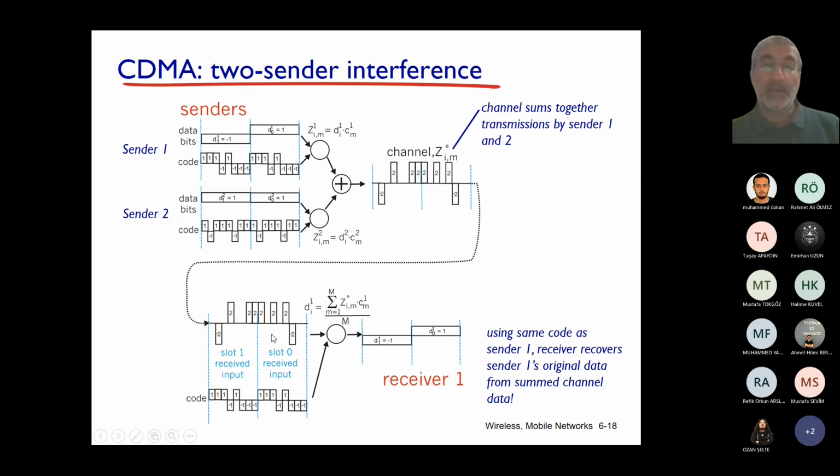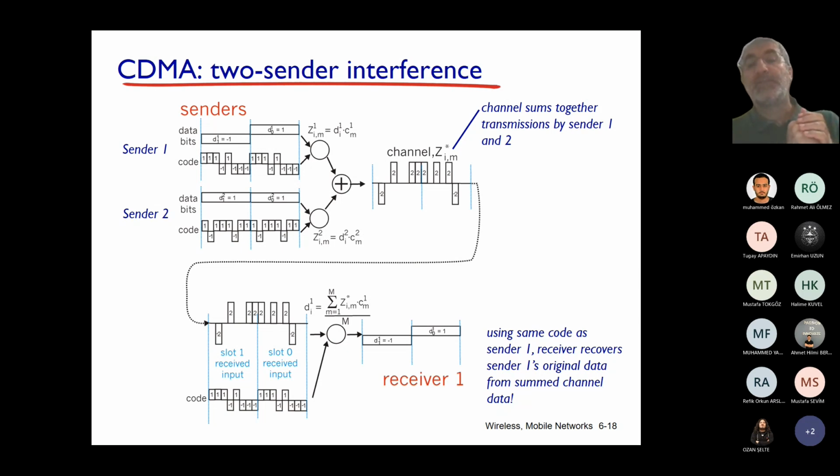As you see, we received the whole information actually. Each of receiver 1 and receiver 2 received the whole sum information that includes the information from sender 1 as well as sender 2.